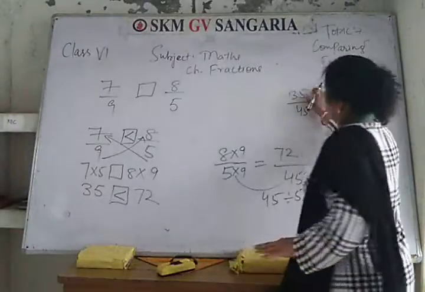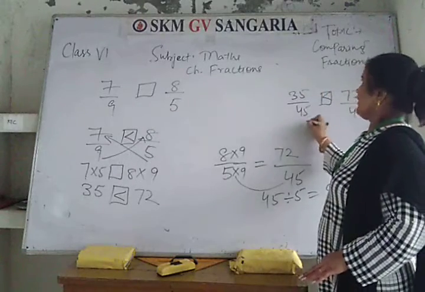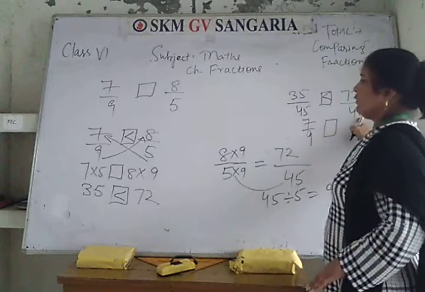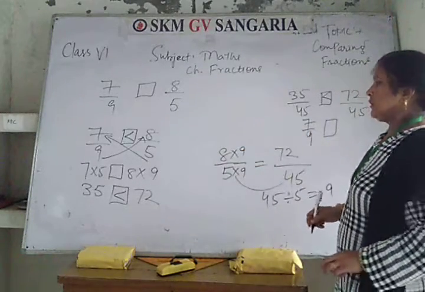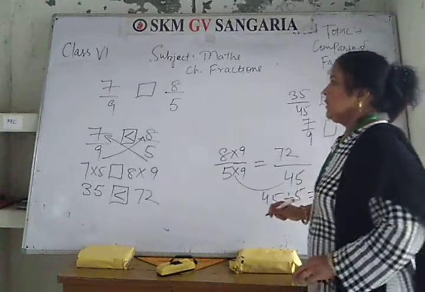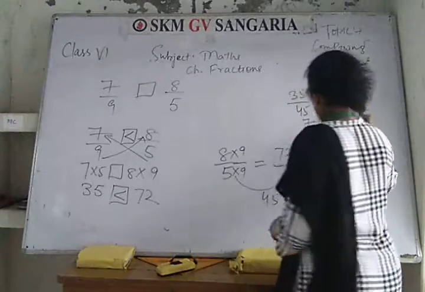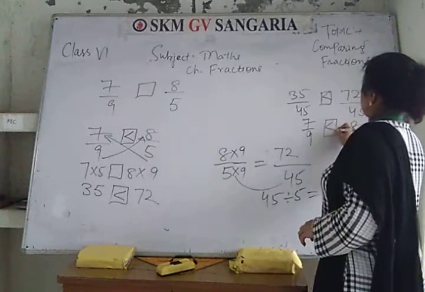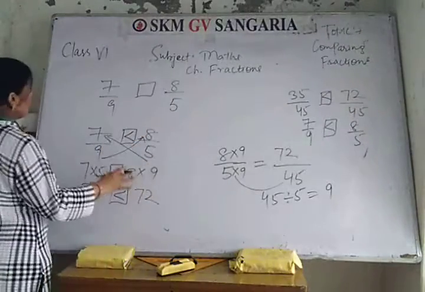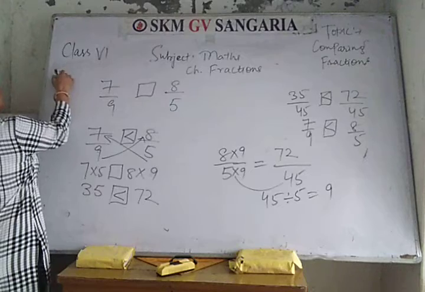So actually in the first method I had 35 upon 45, which was actually 7 upon 9, and 72 upon 45, which was actually 8 upon 5. So 8 upon 5 was greater. Either you can do it by cross multiplying.